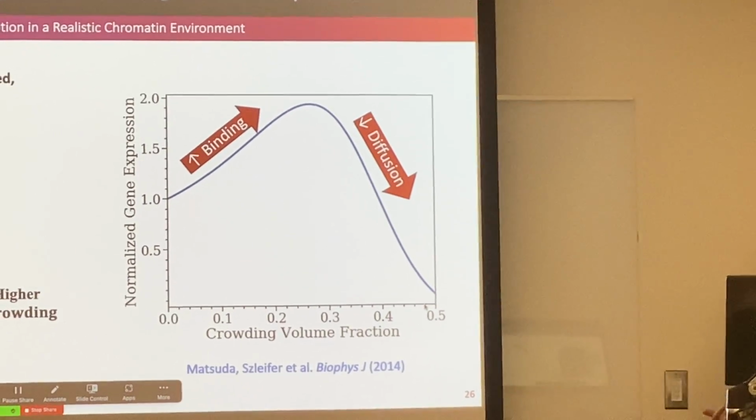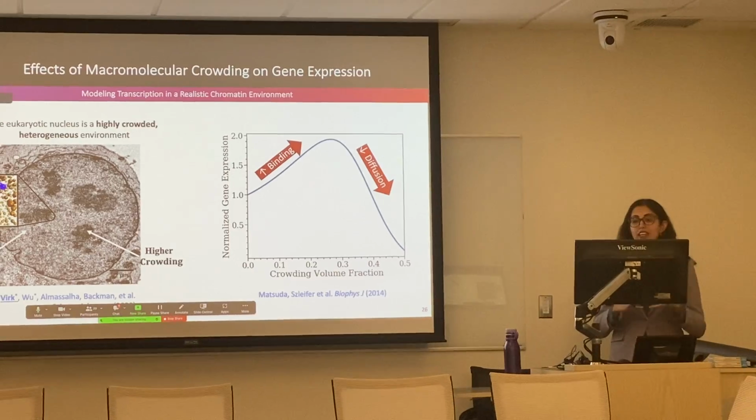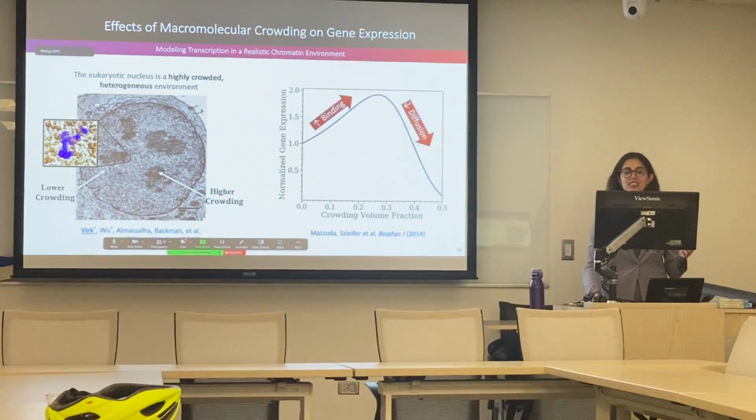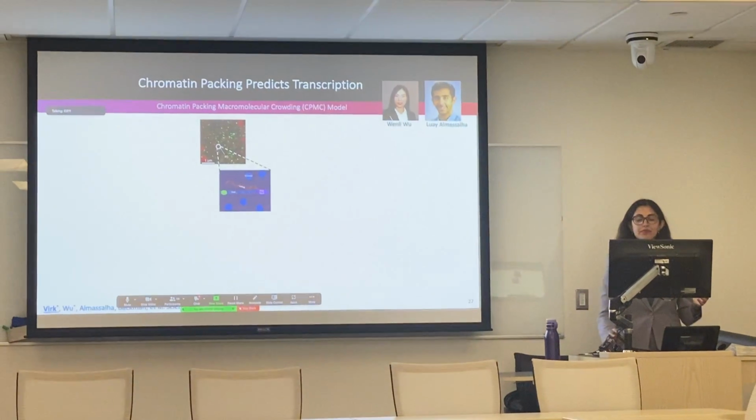So because chromatin density is the largest crowder within the nucleus, we next wanted to establish exactly how the statistical distribution of chromatin density might influence large-scale transcription patterns.